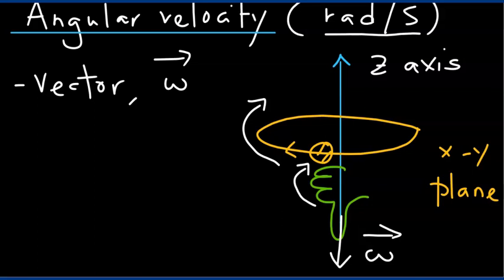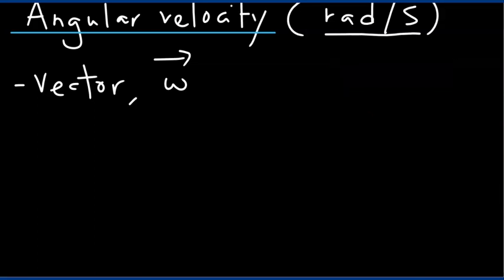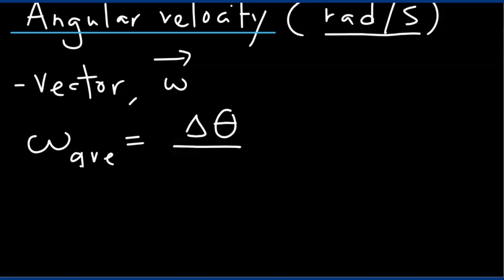How do we quantify angular velocity? This brings us first to average angular speed. Average angular speed is written in the following manner. It is equivalent to the angular displacement over the time it takes to cover that angular displacement.